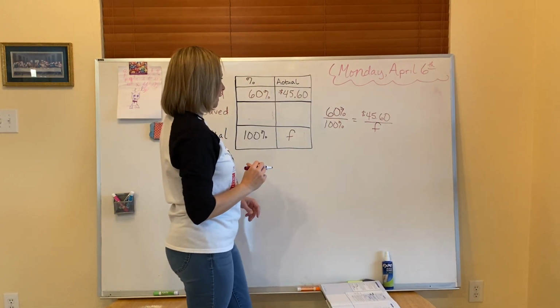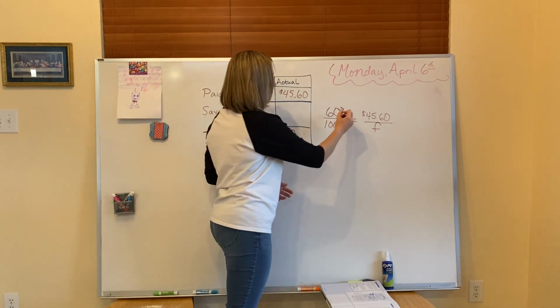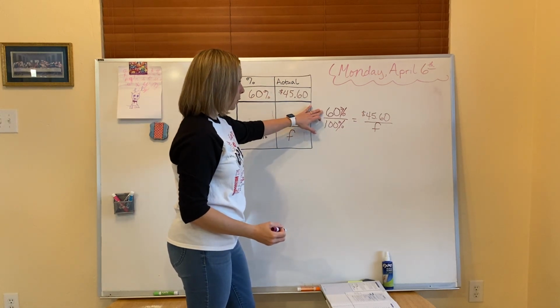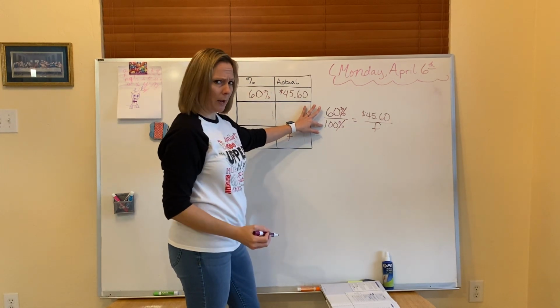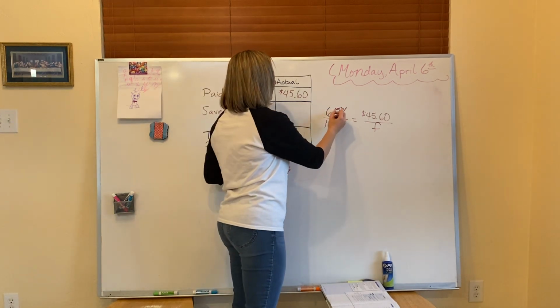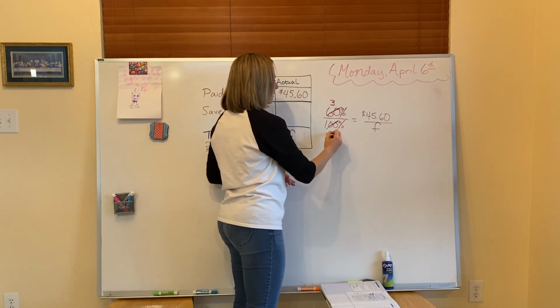Can we reduce anything? Well, yes, we can, right? We can get rid of our percent signs. We can also divide 60 by 20 and 100 by 20. Let's do that. So 60 divided by 20 is 3. 100 divided by 20 is 5.